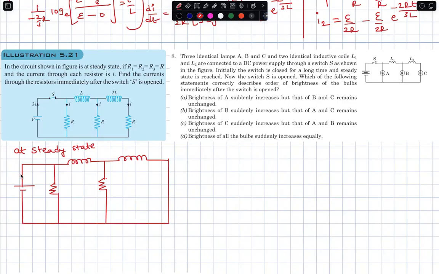A current of 3I is entering. It follows I. Remember, the current through this inductor is 2I and the current through this inductor is I. L, 2L makes no difference. Same thing here also. In the places of resistance, you have bulbs.